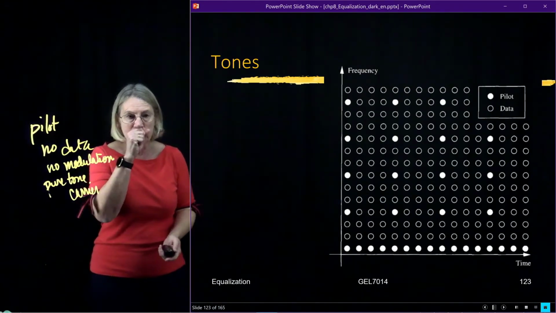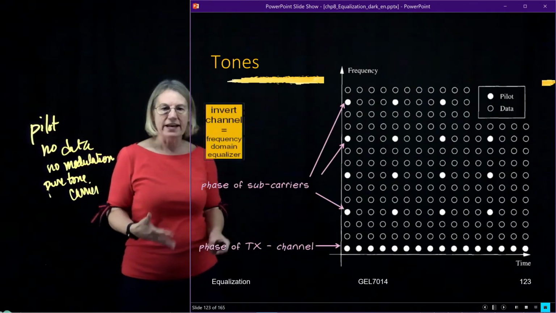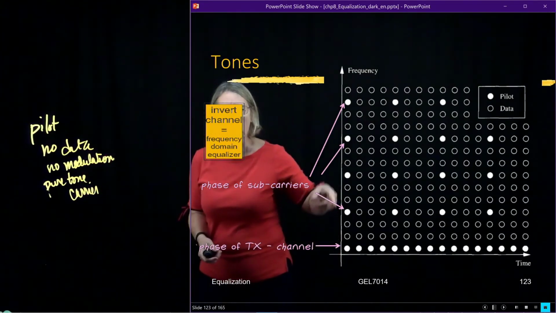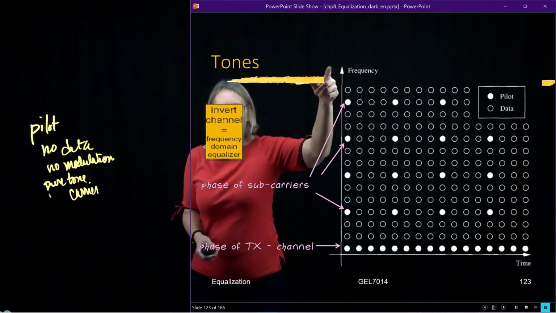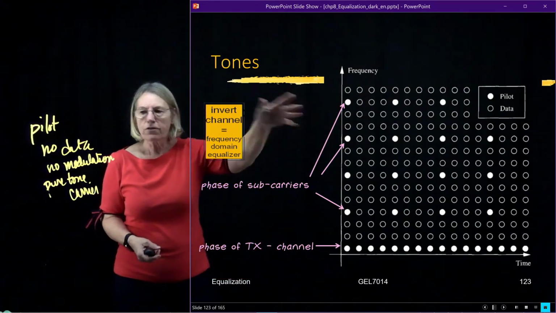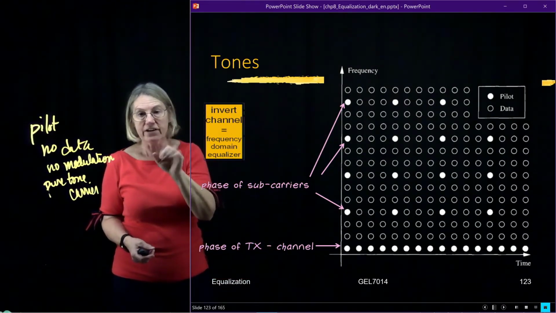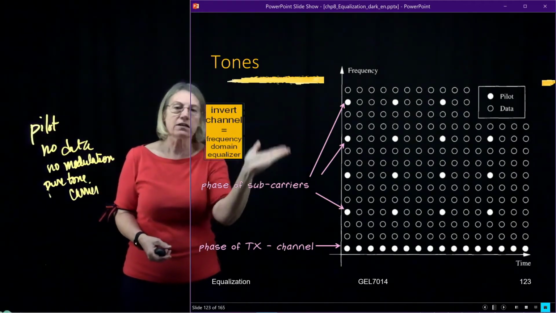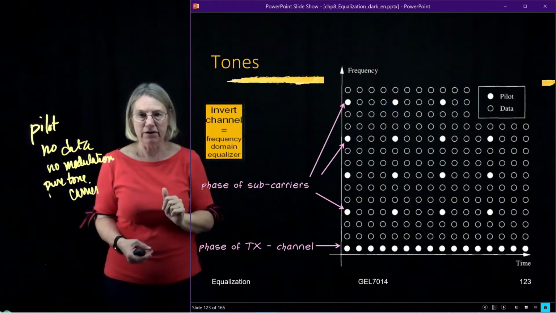So you can see I have different strategies. If I'm interested in variation across frequency, suppose that although there's only one physical oscillator and there should only be one rotation of the phase, because of the channel effects maybe it'll vary a little bit from subcarrier to subcarrier.